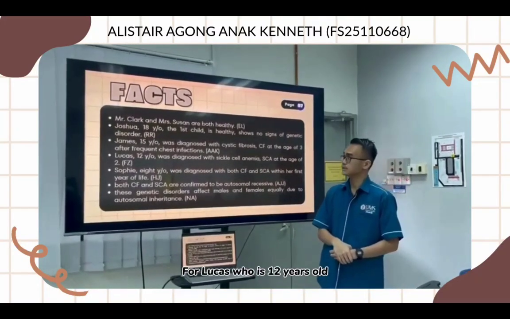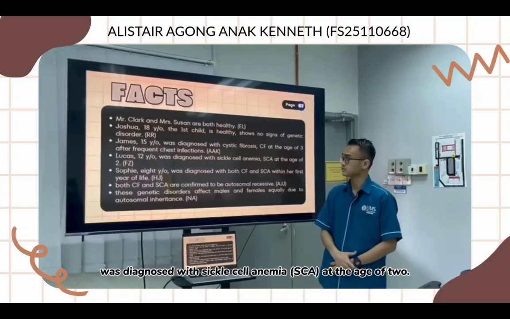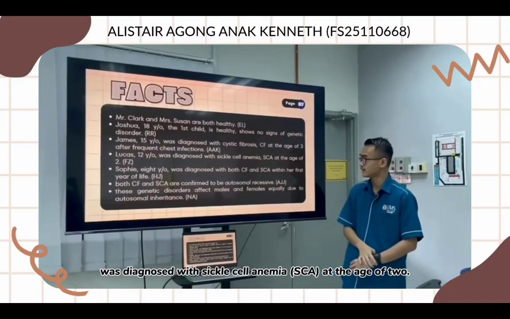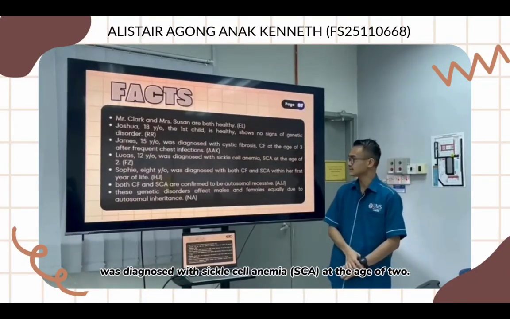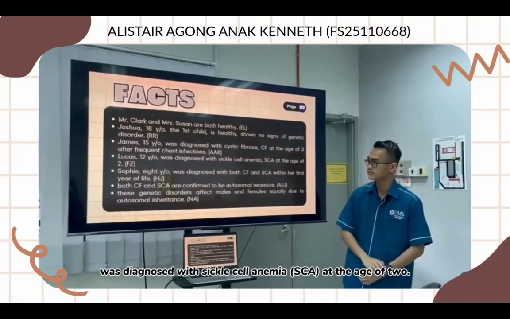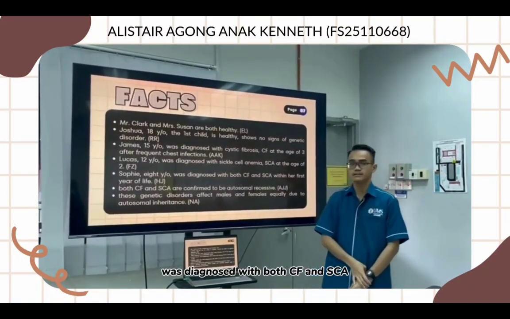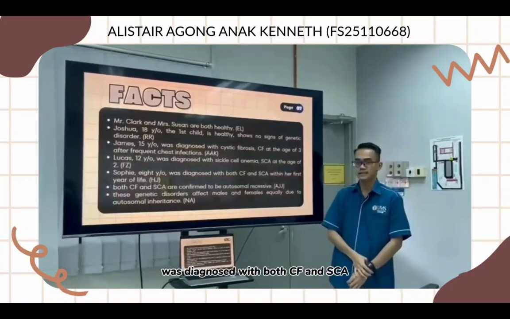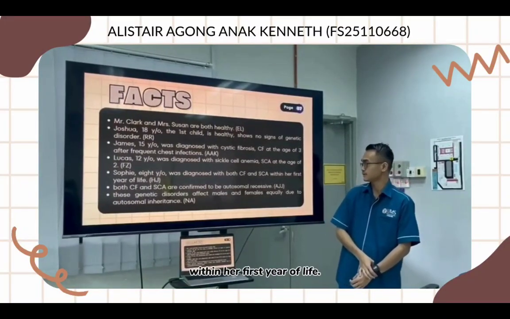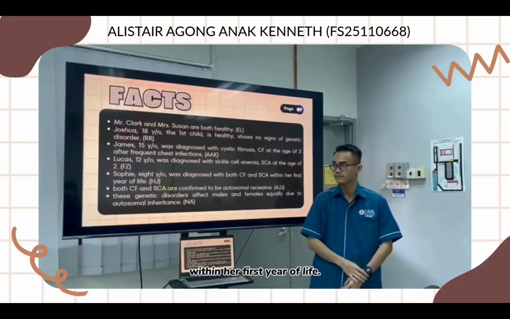Lucas, who is 12 years old, was diagnosed with sickle cell anemia, or SCA, at the age of 2. Sophie, who is 8 years old, was diagnosed with both CF and SCA within the first year of life.